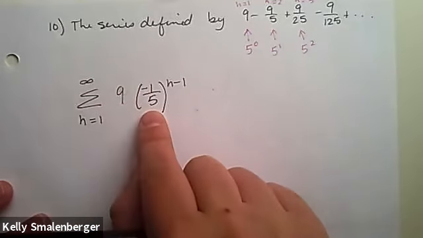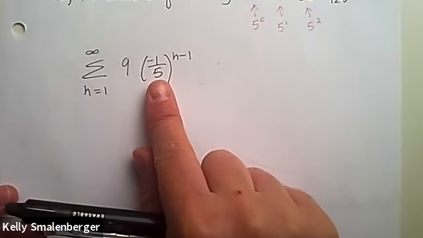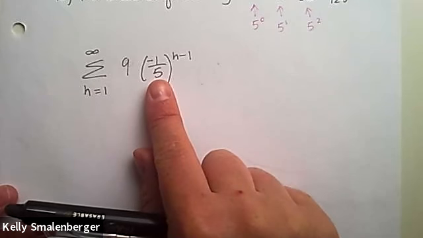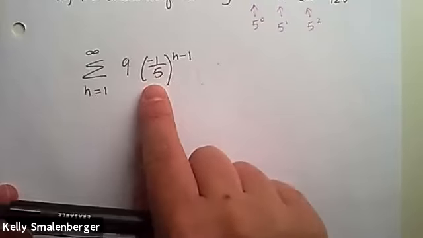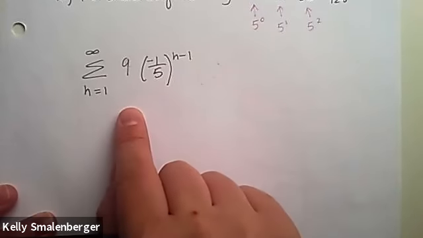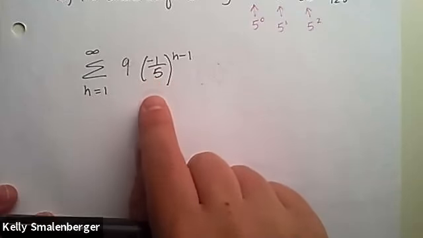And here we wrote the direct relationship. And now what kind of series is this? Geometric. Awesome. This is geometric: a times r to the n minus 1. The absolute value of r is 1/5, which is less than 1, so it converges.